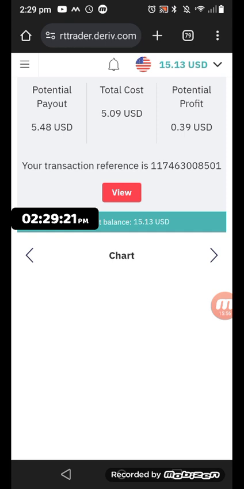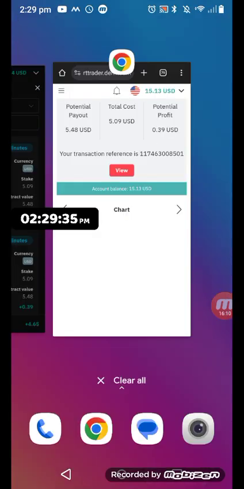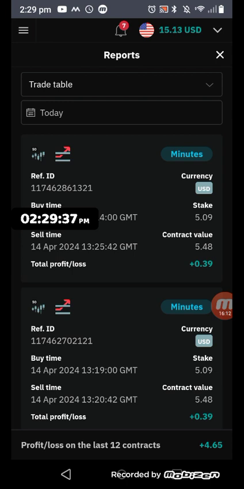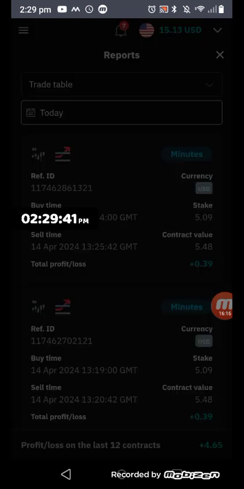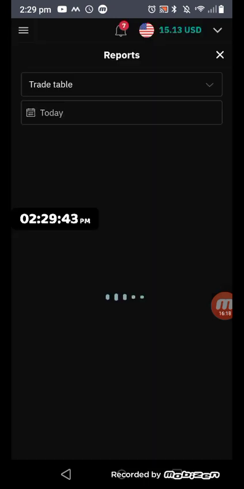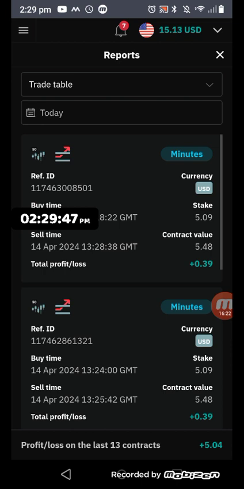Don't come to trading with money that is for your house rent or school fees, feeling like you want to suddenly use it to make all the money in the world. I started this account from $10 and I grew it up to $15, meaning I have made a profit of $5. I've made $5 from $5, 100%, and I'm closed for the day.